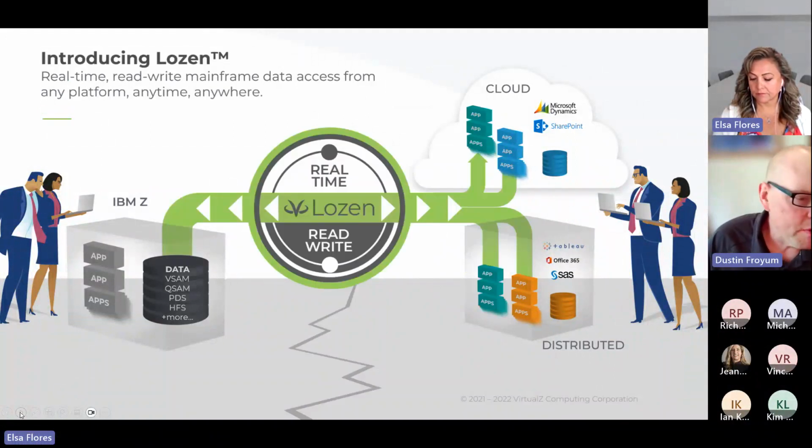So that's where we developed Lozen. And it's really a complement of attributes that make this a powerful solution. We did this so you would have real-time read-write access to the data on the mainframe from these other environments, like it is a native application to the mainframe, in a completely no-code manner.